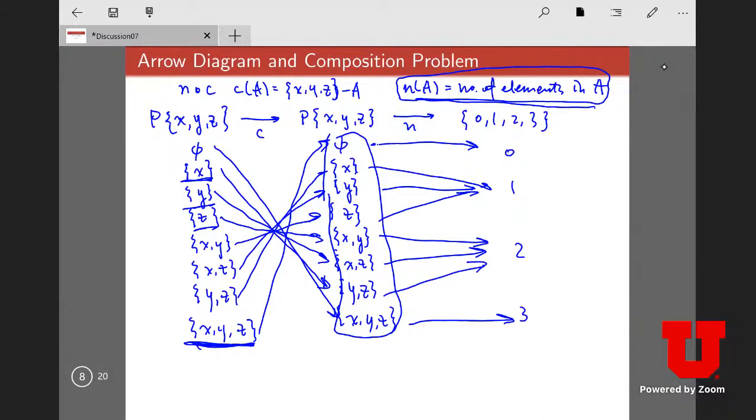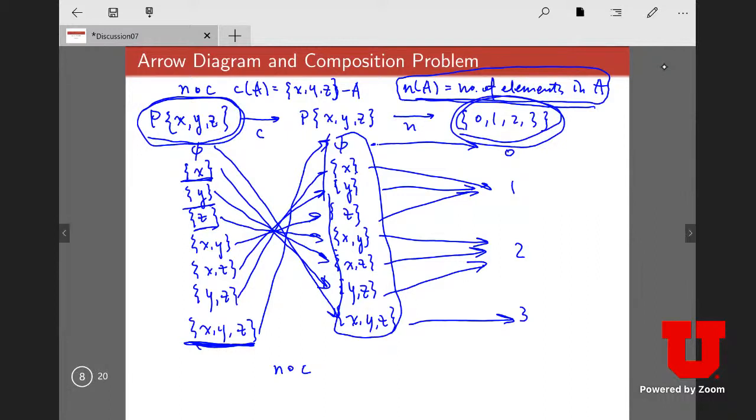Okay, so what happens now? What does the function actually look like in the end? What is n composed with c? That function would be going from the domain of c to the codomain of n, right?